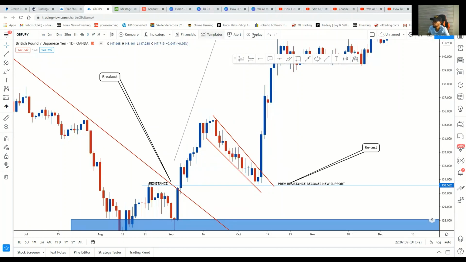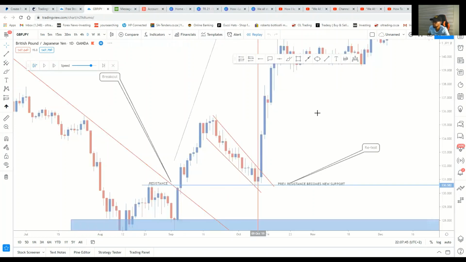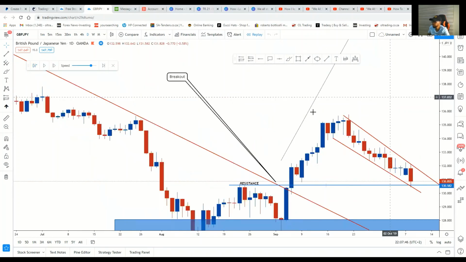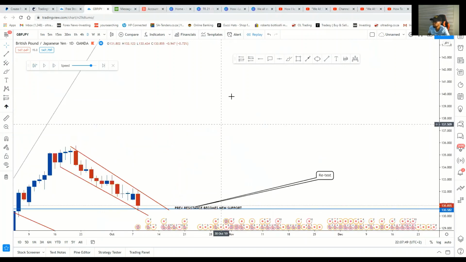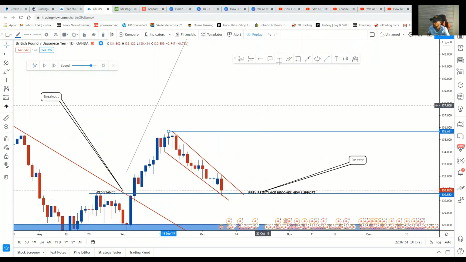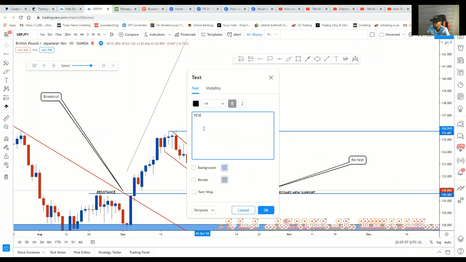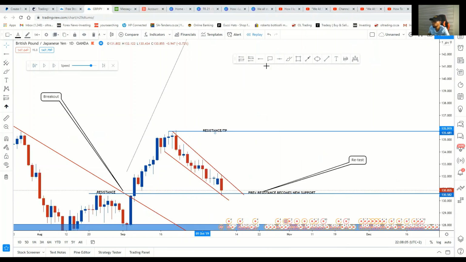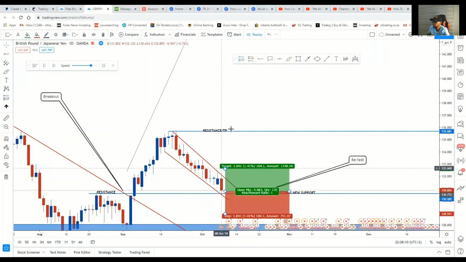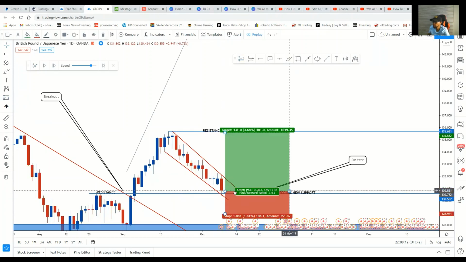Let me do this so that you can be able to see. So now this becomes our resistance. Resistance or TP. That's where we can set our target, because we will put our entries along this line, take it all the way up.